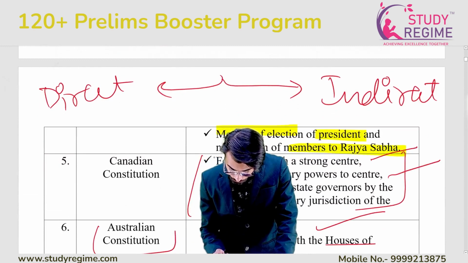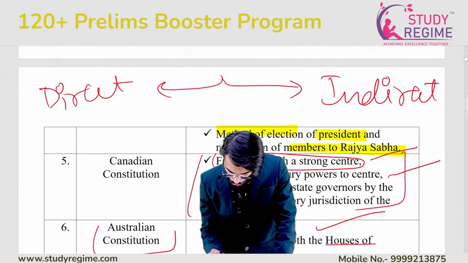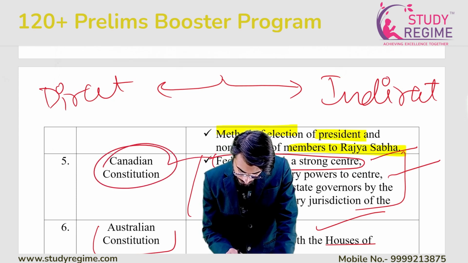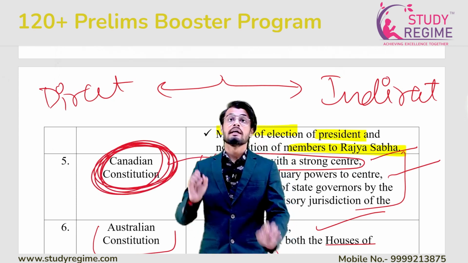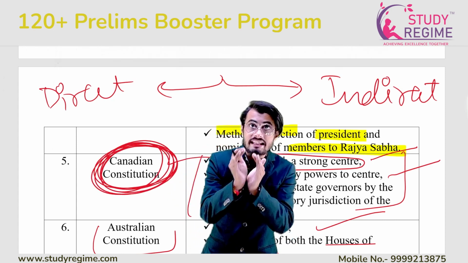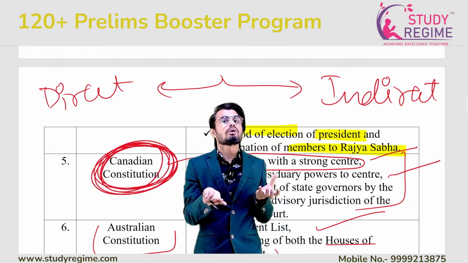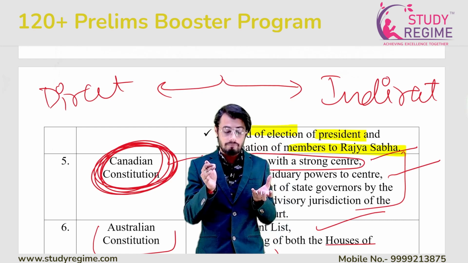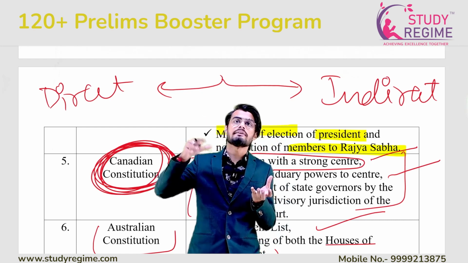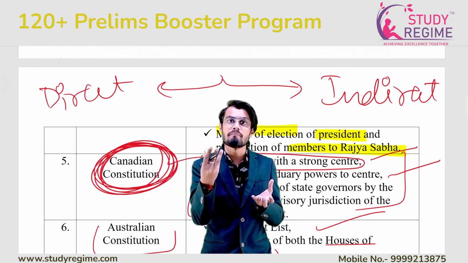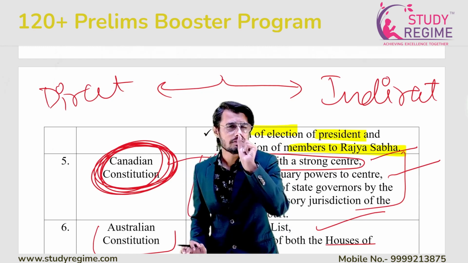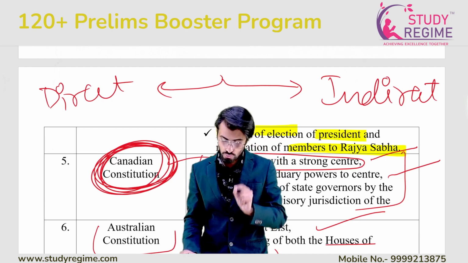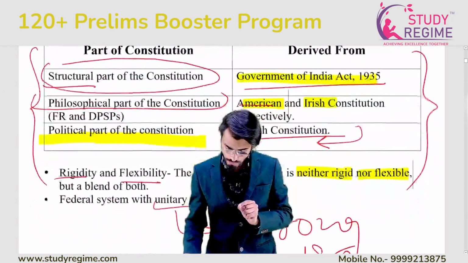And the federation with a strong center is derived from Canadian Constitution. This is very important. The scheme is derived from Government of India Act 1935, but the strong center sort of system has been derived from Canadian Constitution. This is the basic detail you have to cover, and that will help you to gain marks.